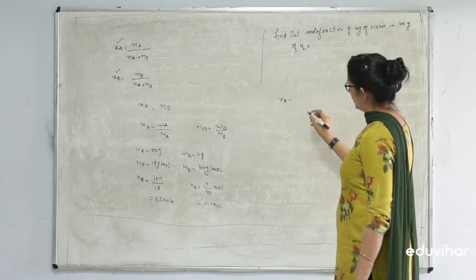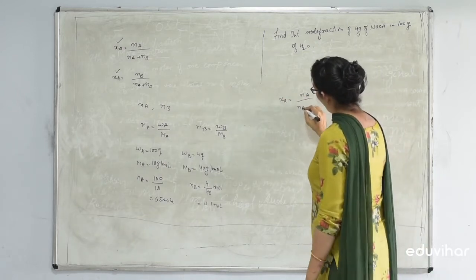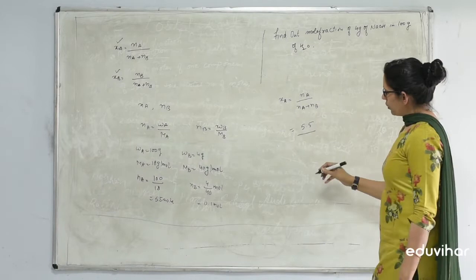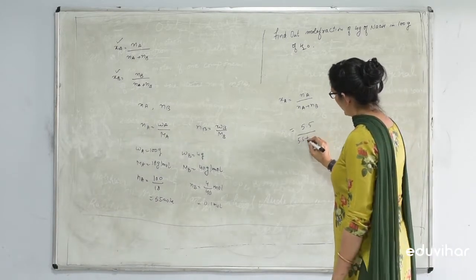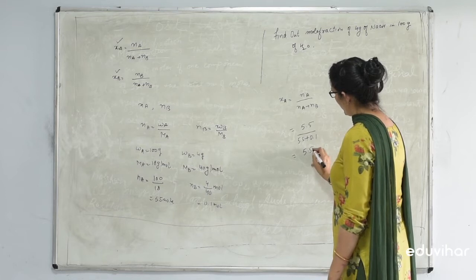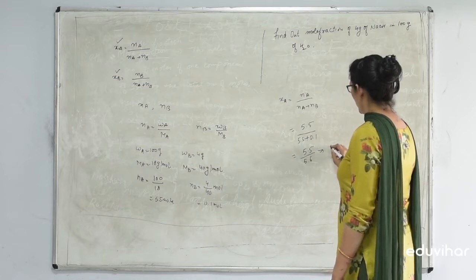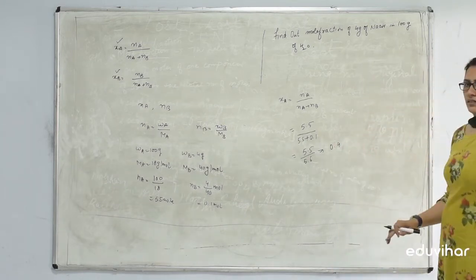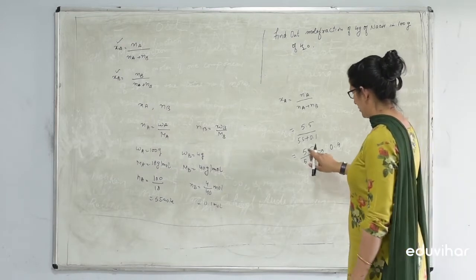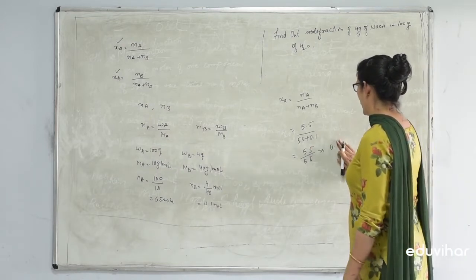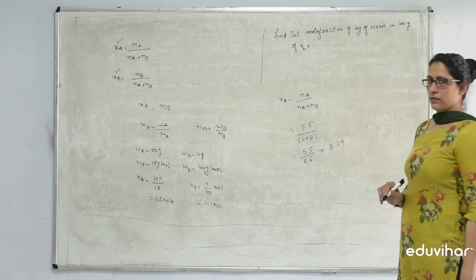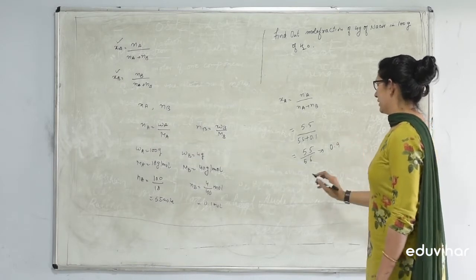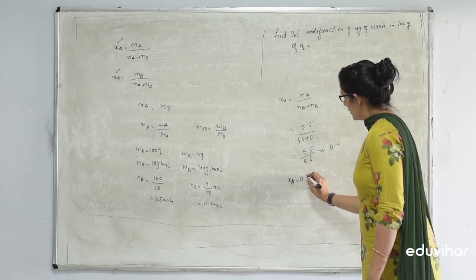XA is equal to Na upon Na plus Nb, equal to 5.5 upon 5.5 plus 0.1, that becomes 5.5 upon 5.6. This value is approximately 0.9. XA is equal to 0.9.